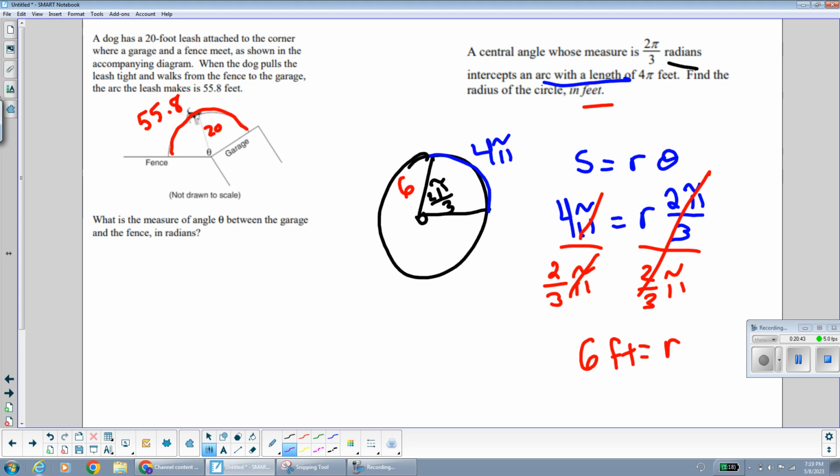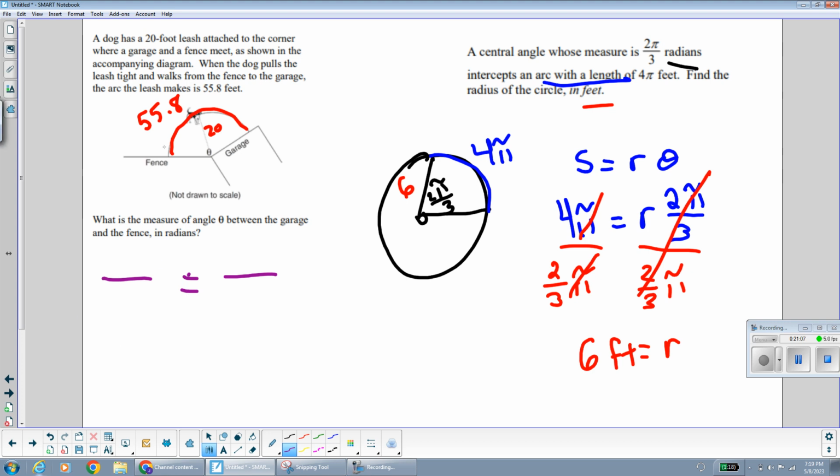Even though it's in radians and we can use our formula, I just want to set up the proportion because we've been using the formula a lot for the arc length questions with radians. But when you have degrees, the proportion is sometimes more useful. Because the formula can only be used with radians, I do want to check it out with the proportion as well. So arc lengths go on the side.